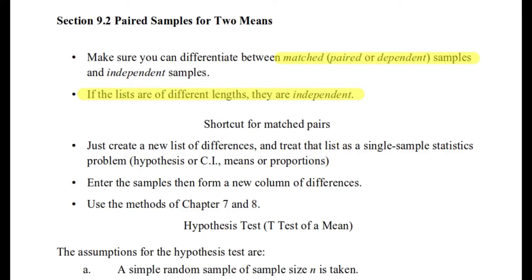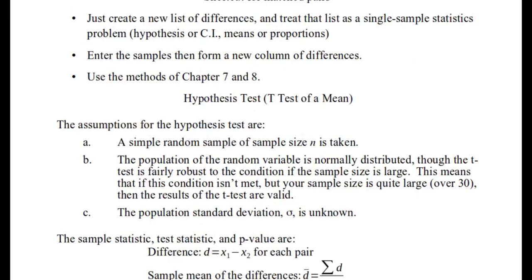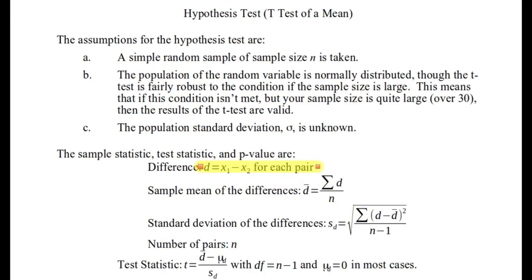And those differences, d, are formed by taking x sub 1 and subtracting x sub 2. So a lot of things that were x's in the example that we saw in chapter 7 are now d's. So take a look at what that means for the sample mean of the differences. Notice, instead of x bar, we now have d bar.